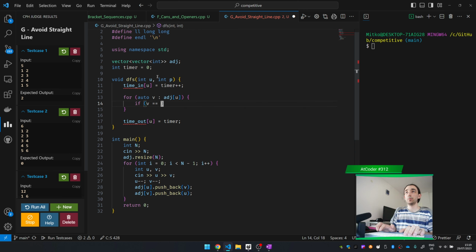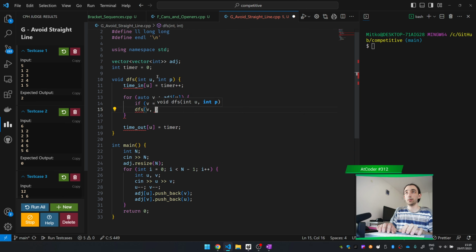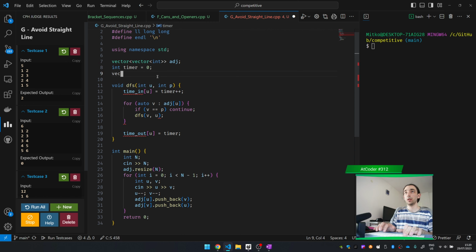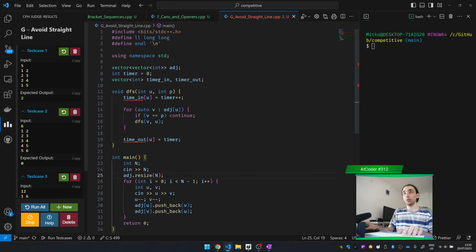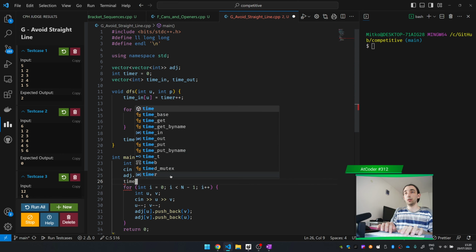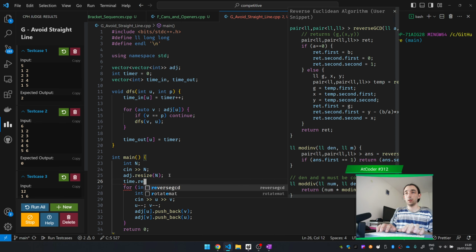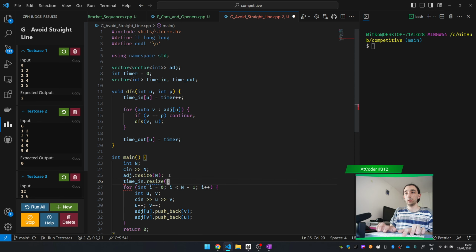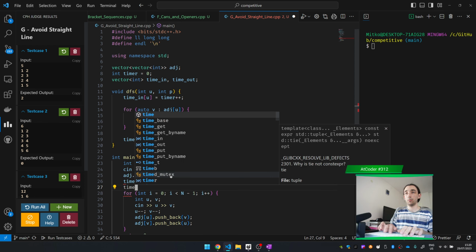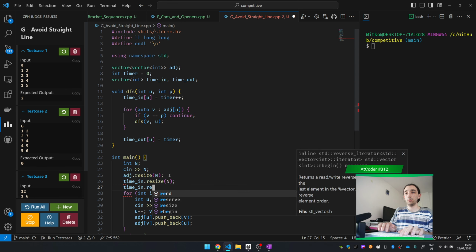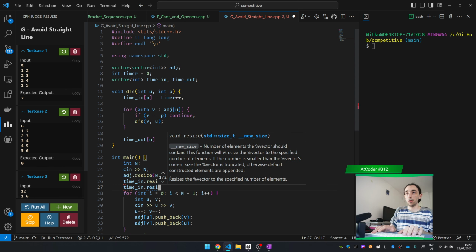If B is the parent, we just continue. Otherwise, with DFS and B with the U parent, very straightforward. Timer in, timer out. Time in, time out, and then here time in resize and time out resize.